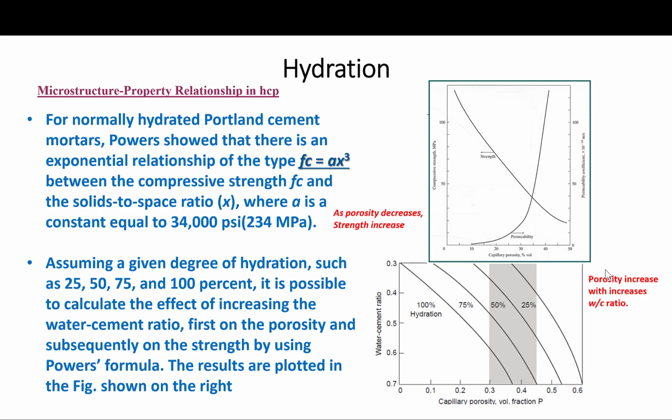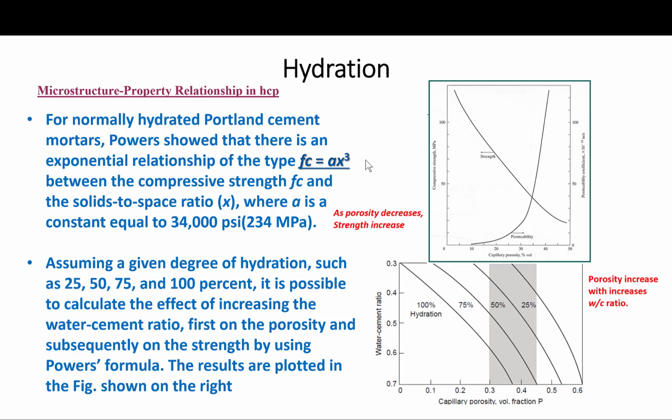Furthermore, for normally hydrated Portland cement mortars, Powers showed that there is an exponential relationship of the type you see here on the screen, which is f_c, the compressive strength, equals A times x to the power 3.